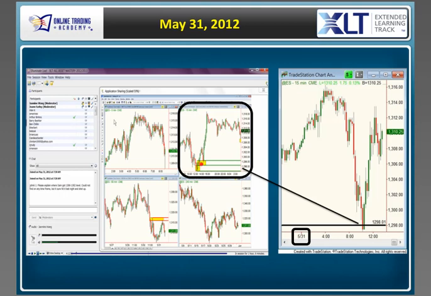a demand level sitting right here, this little point, with a strong rally out of that level. But I want to bring another odds enhancer into play here. Notice we want to look at how far price rallied away from this demand level before returning to it.